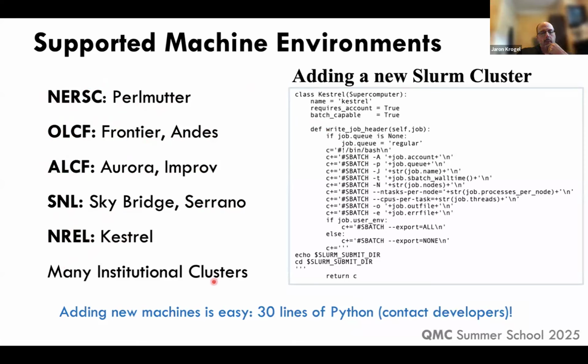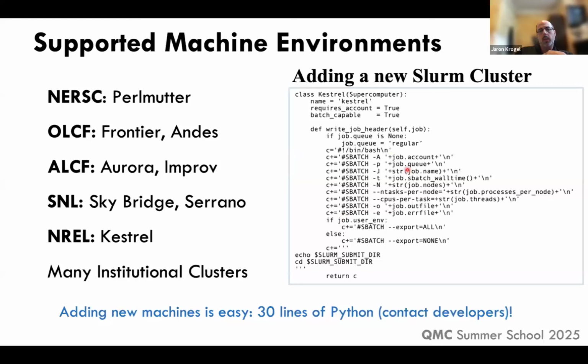Adding a new machine is pretty easy. So if you want to add a new one to support your local cluster or supercomputer at a particular university, it only takes about 30 lines of Python code. Here I show what it took to add Kestrel to the system, just making a class deriving from one of the NEXUS standard classes. And most of what you're doing is just telling it how to write that batch submission file with all the standard flags that you want, and how it pulls different information from that job object to populate that submission script.